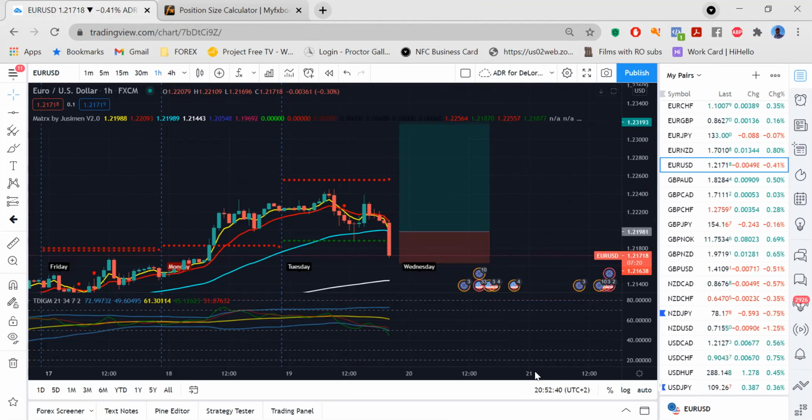So guys, we have covered everything. We've covered how to count pips and calculating lot size. I've shown you how to enter trades on Metatrader 4.